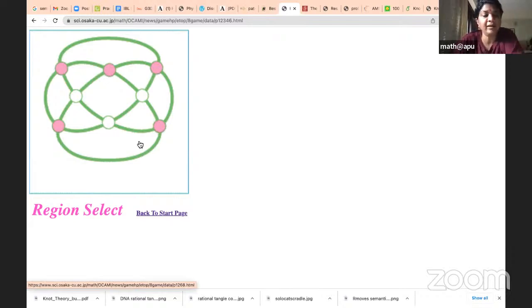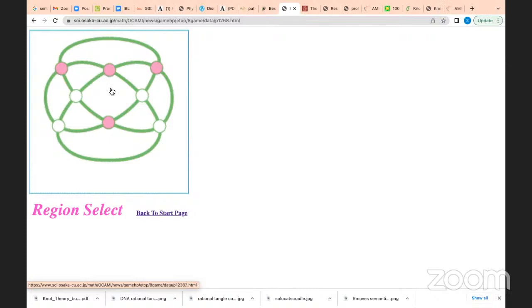The game allows us to click on a region. When you click, all the crossings in that region change color. I clicked at the bottom-most region, where there were 2 pink and 1 white. When I pressed it, what was white became pink, and what was pink became white. Then our aim is to make all of them the same color?